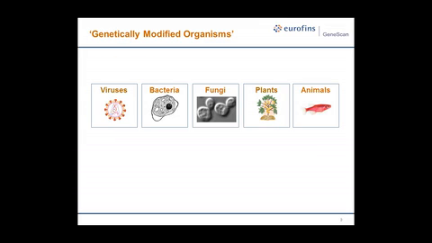So when we talk about genetically modified organisms, for quite a while, we've been tinkering with the different forms of life. We have viruses that can deliver drugs to cells. We have bacteria that are engineered to make things like insulin. Fungi we've sort of hijacked to make alcohol really efficiently.